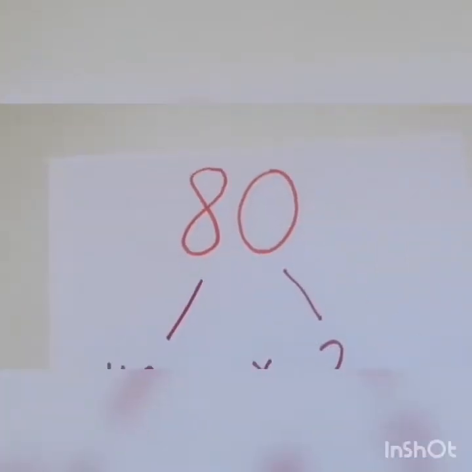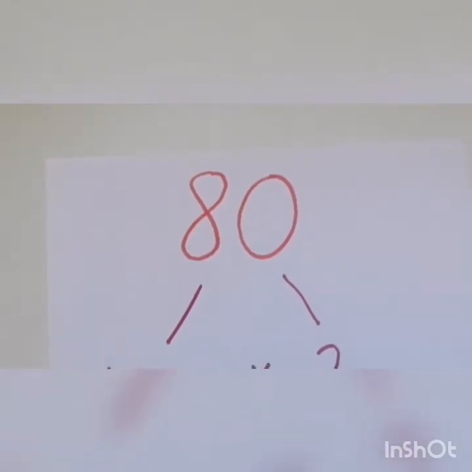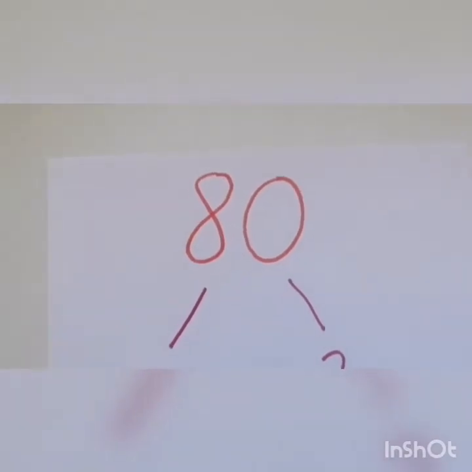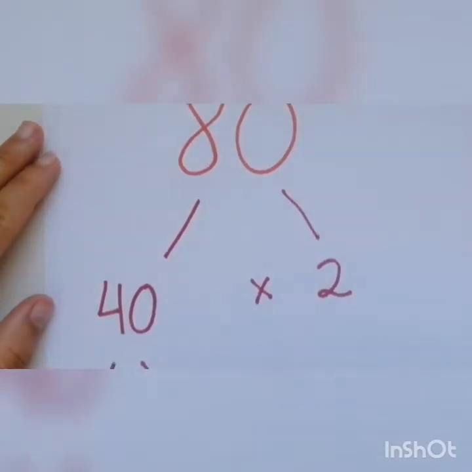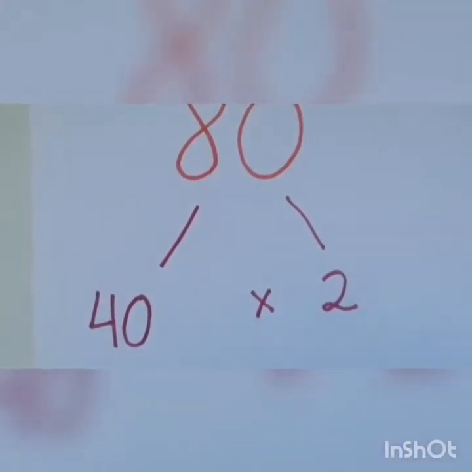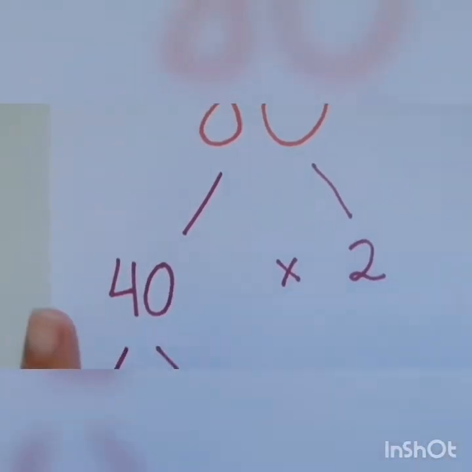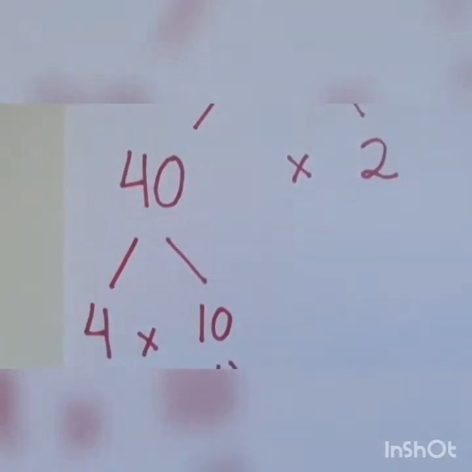Excellent! But that's so easy and you're so clever. So let's see the last example. We have here the number 80. Okay, what prime numbers multiply together to get 80? 40 times 2. Okay, look, number 2 is a prime number, so here we stop, but we follow with number 40, and we have 4 times 10.